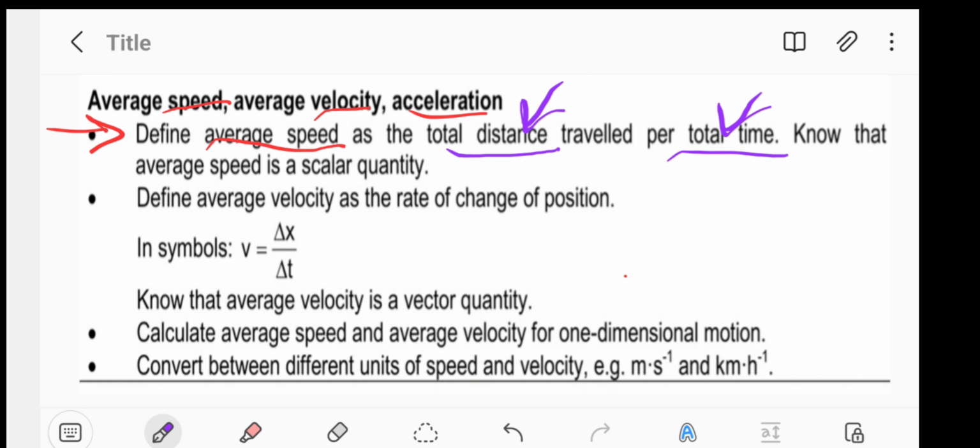Those two physical quantities are both scalars. Therefore, it makes sense for average speed to be a scalar quantity, a quantity that only has magnitude. You can't go to that physical sciences examination not knowing what average speed is and whether it's a scalar or a vector.